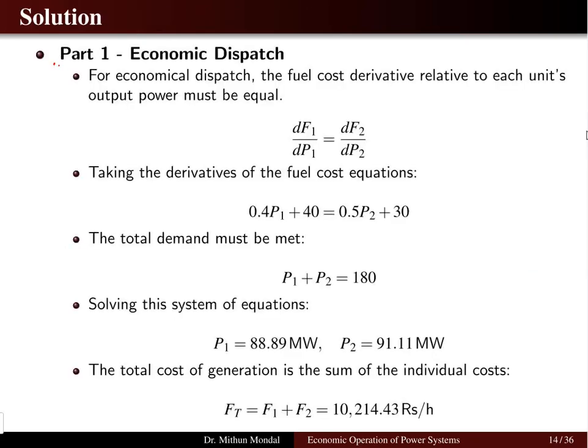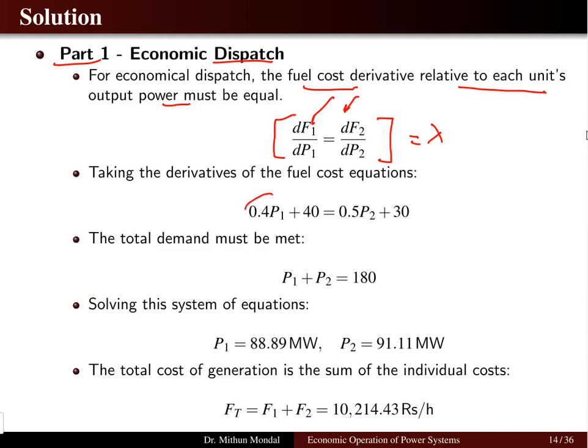The first part is the economic dispatch problem, and here we note that the fuel cost derivative relative to each unit output power must be equal. This value is equal to lambda, the incremental cost of the fuel cost with respect to its corresponding power. The expressions are already given in the problem.